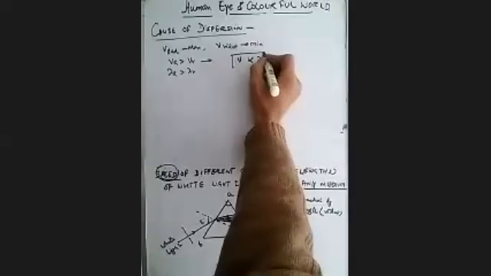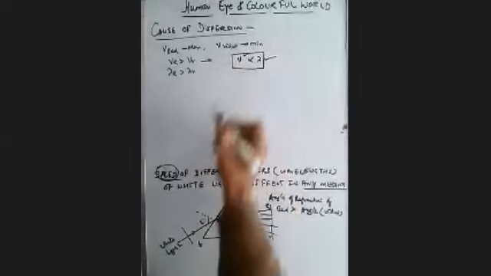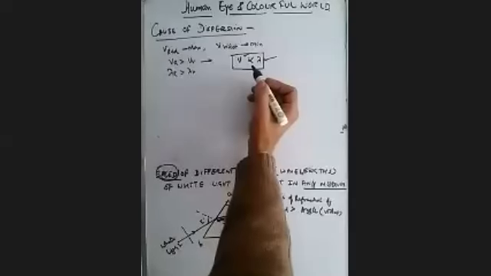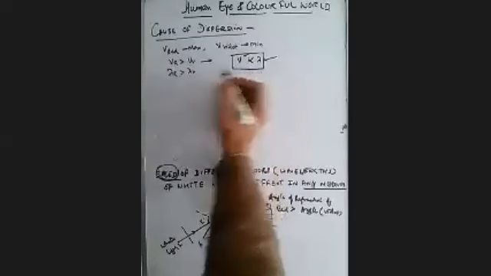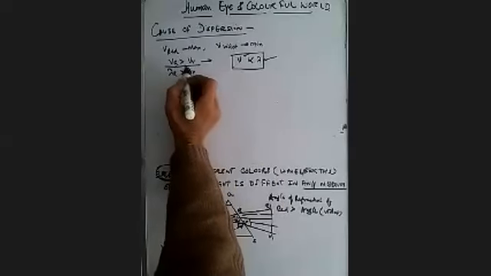So whichever color has large wavelength will have high speed, and as the wavelength decreases, speed will also decrease. Therefore, because the wavelength of red color is more than the wavelength of violet color, the speed of red color in any medium will be more than the speed of violet color.